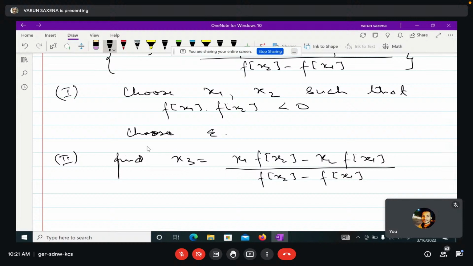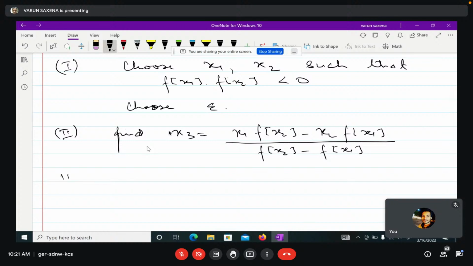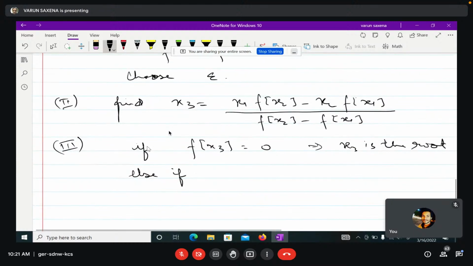Now you find this x3, and then on the third step you say, if fx3 is 0, then x3 is the root, right? Else, if fx1 into fx3 is less than 0, then obviously the root lies between x1 and x3.